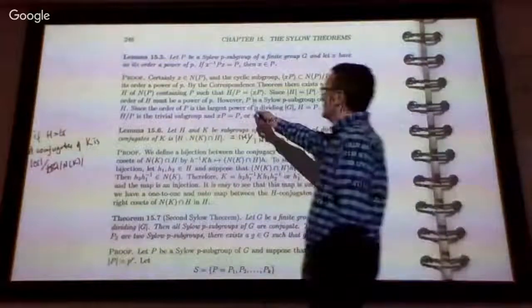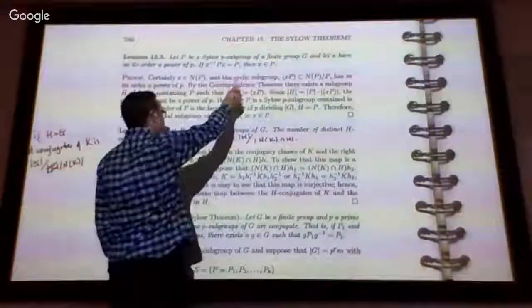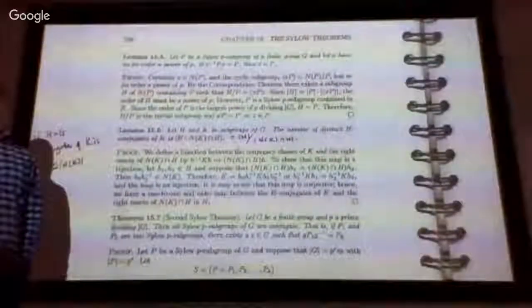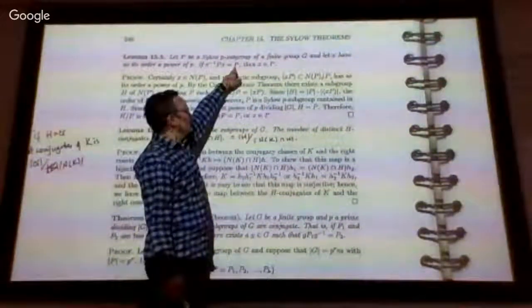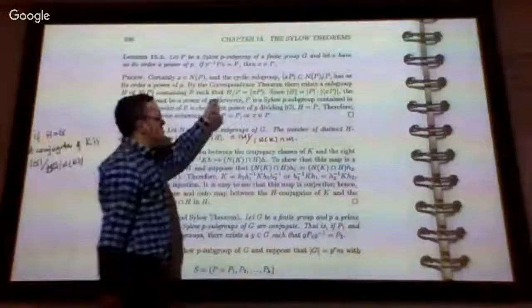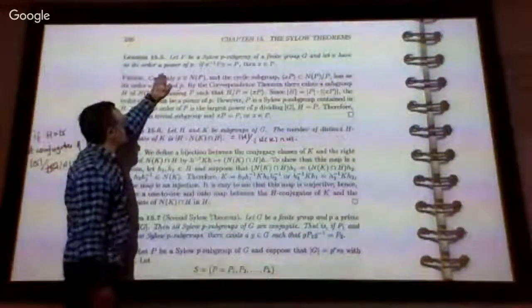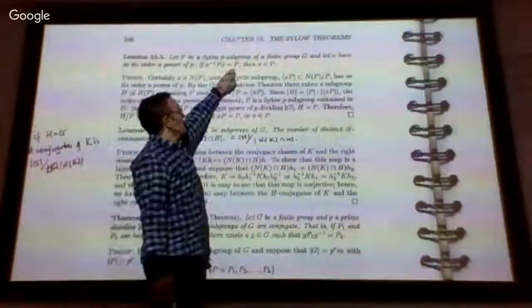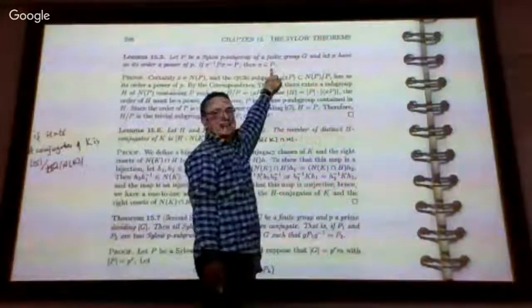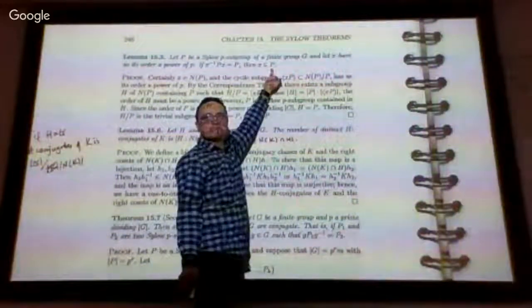This condition is written X inverse P X, but it's essentially the same thing. Conjugating P by X, if it gives you back P, and in addition you know that X has order a power of P, then giving you back P means X in fact was an element of P to begin with.